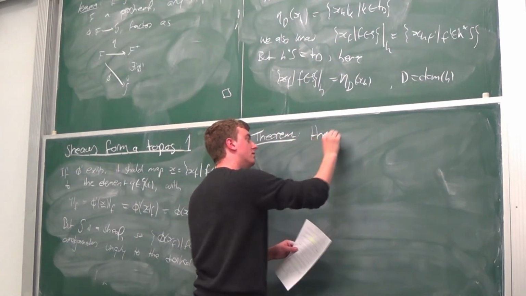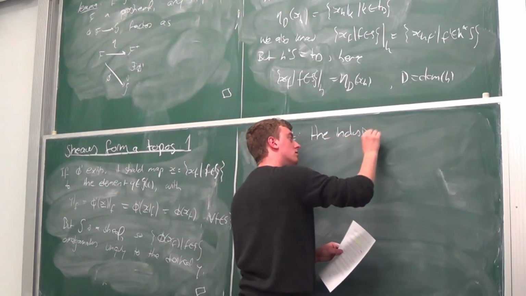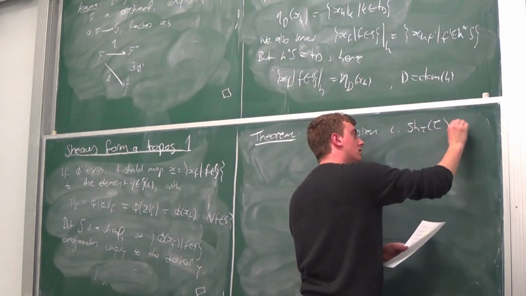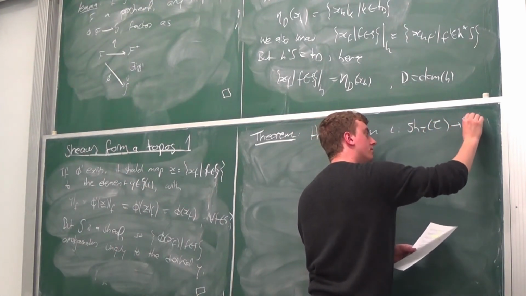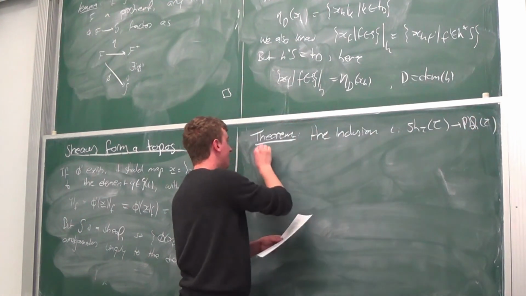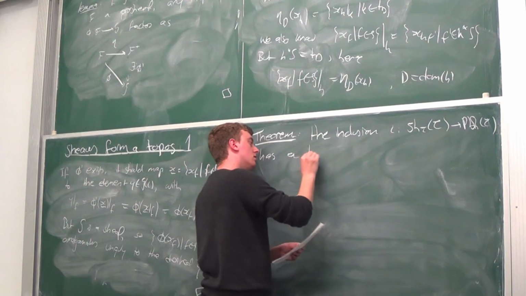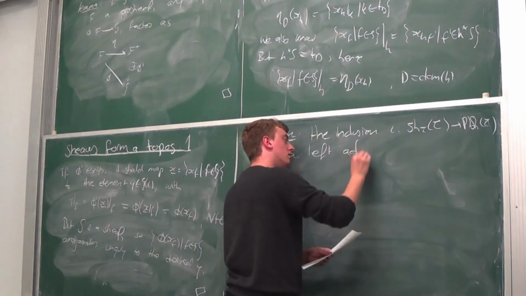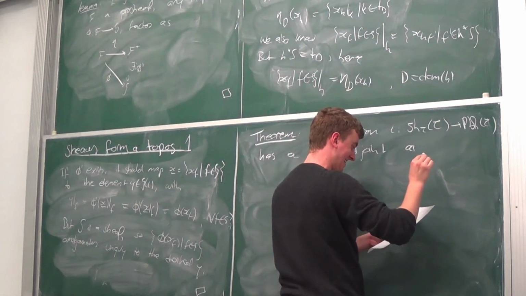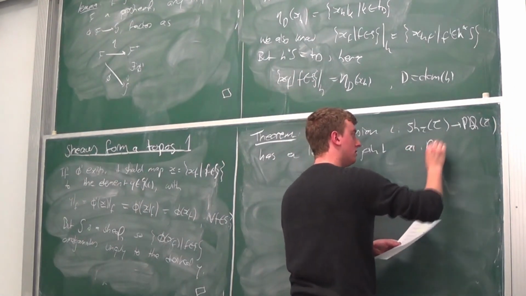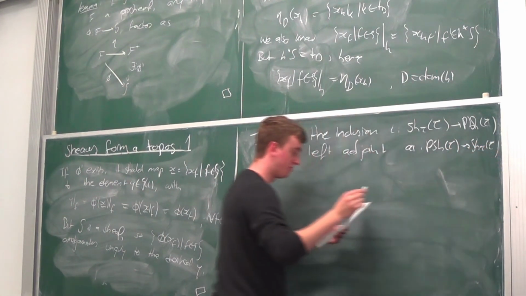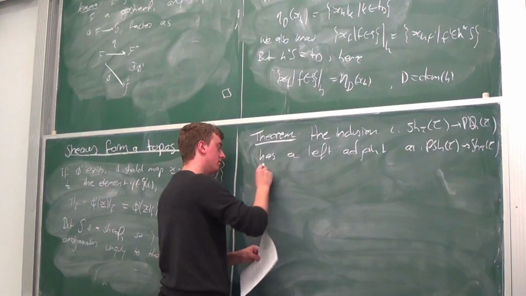The inclusion functor, iota, from sheaves on C to presheaves on C has a left adjoint A which preserves finite limits.